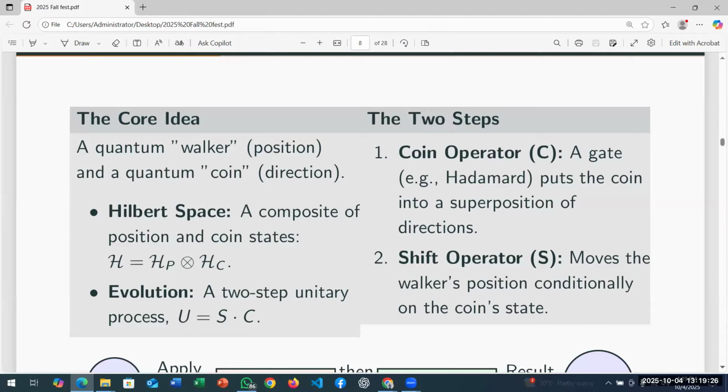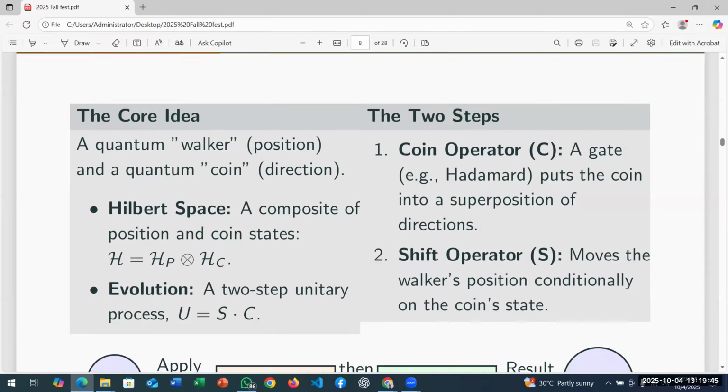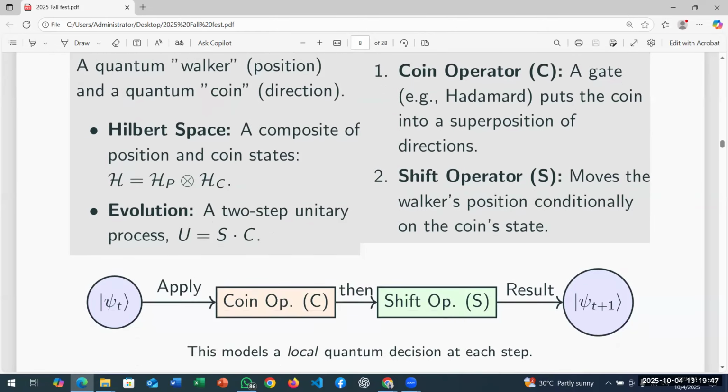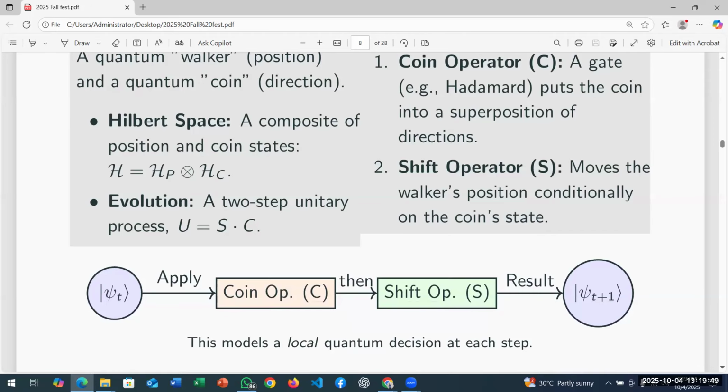Then, apart from that, when you get the result, there's another important operator, named the shift operator. The shift operator is the one that we leverage on the direction gotten from the result of the coin operator. This diagram is the summary of what I'm saying.